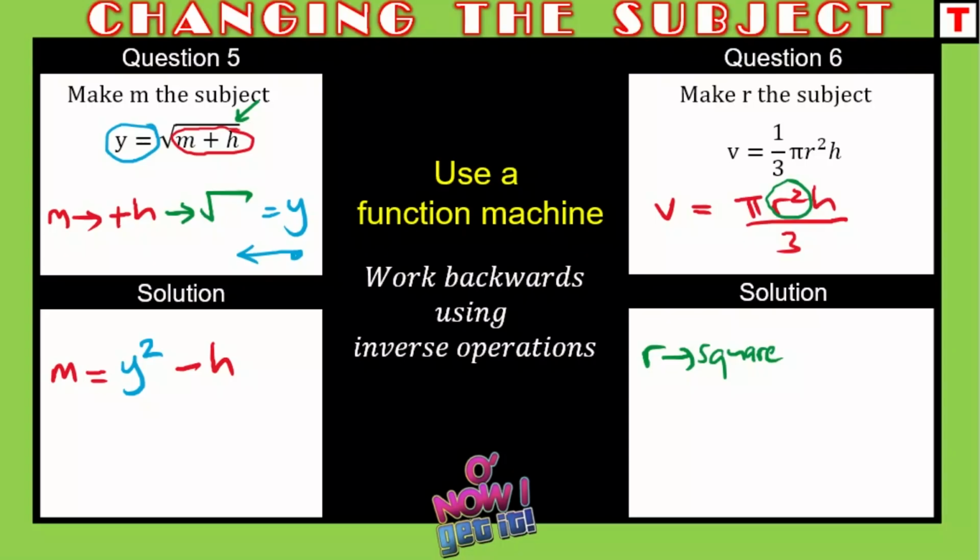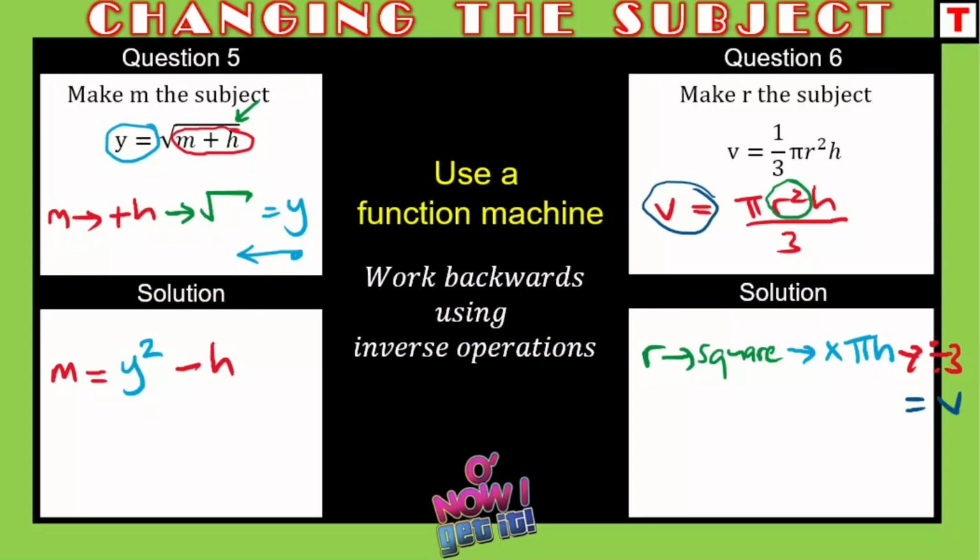Therefore, we're going to be multiplying by pi h. Then we're going to be dividing by 3. And that would now give us the value or the output of v.